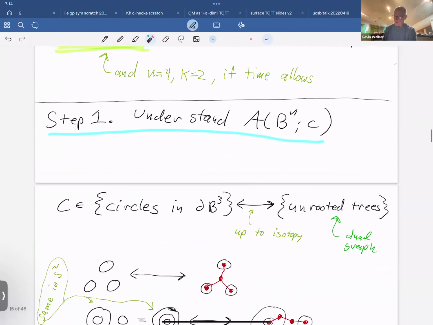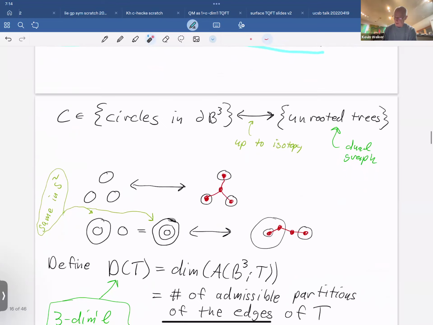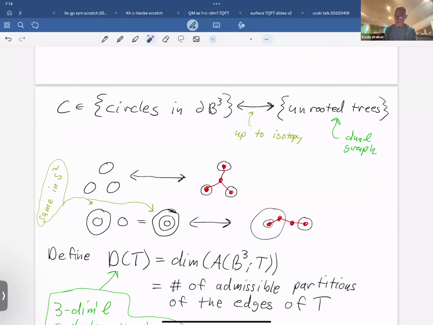Okay, so what are these vector spaces? In the classical Temperley-Lieb case, their dimensions will be given by Catalan numbers. What is it when n equals 3 and k is equal to 1? So let's look at a boundary condition. A boundary condition in that case is a collection of circles in the boundary of the 3-ball. And up to isotopy, if we take the dual graph, a vertex for each region and an edge for each circle, these are the same as unrooted trees.